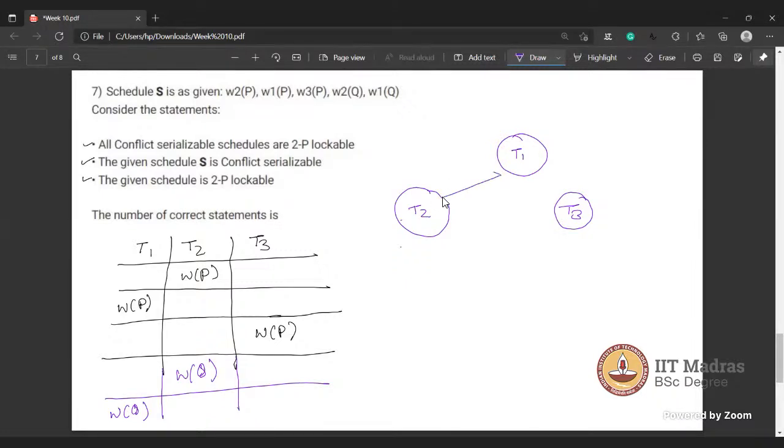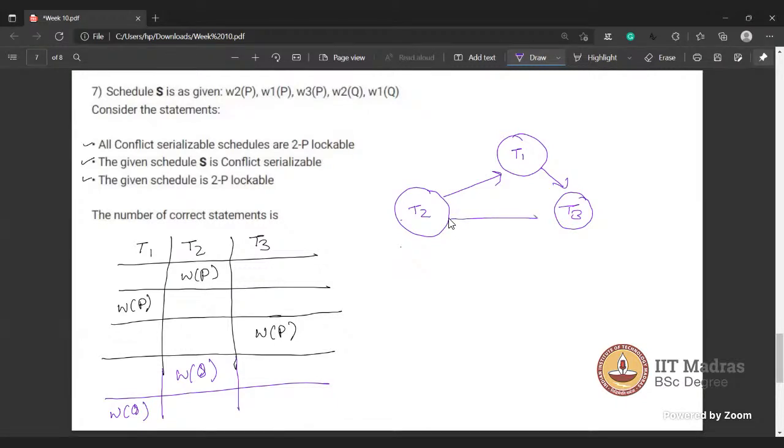T2 to T1. And T1 to T3. And we again have T2 to T1. Then there is T2 to T3, right? Yes, sir.